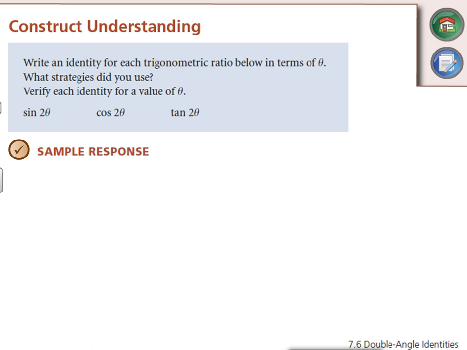This next, construct your understanding. This is really developing the formulas that are going to work. Sine of 2 theta. Well, let's use 7.5, the sum identities.